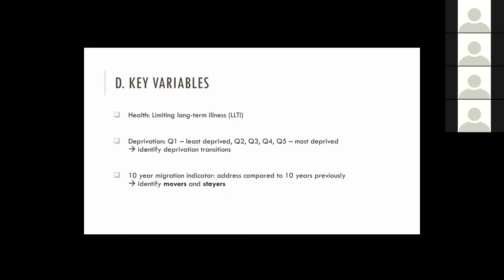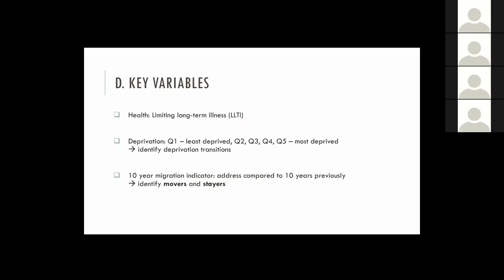I then define area type, so this is looking at whether or not people are more advantaged or less advantaged in their spatial location using deprivation. This is a deprivation score that has been attached to the longitudinal data, so this is something you can do to look at the different quintiles in which people live. Quintile 1 is the least deprived, and then we move down to quintile 5, which is the most deprived.